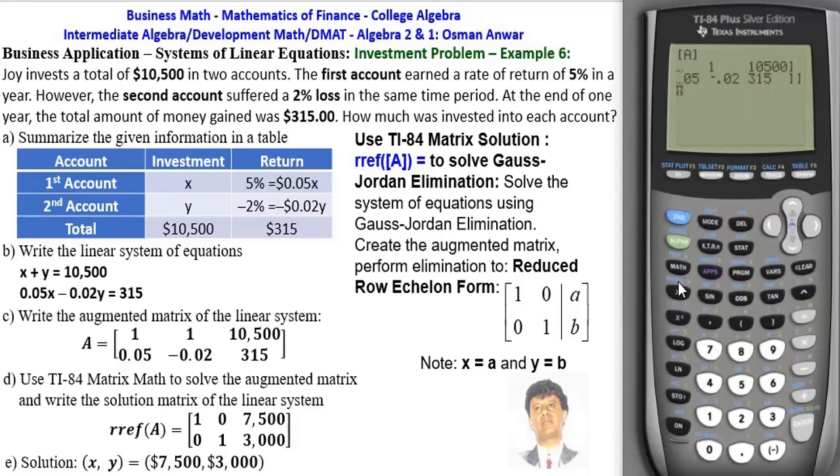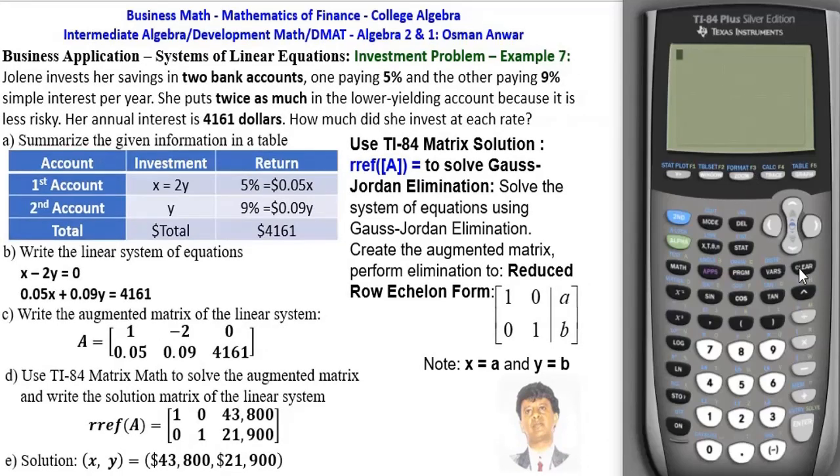Then do second matrix, math, go all the way down, rref, second matrix, okay, call matrix A, close it, hit enter. And here is the solution. x equals 7,500 and y equals 3,000.